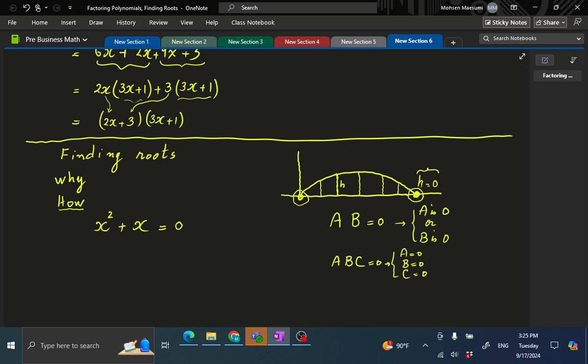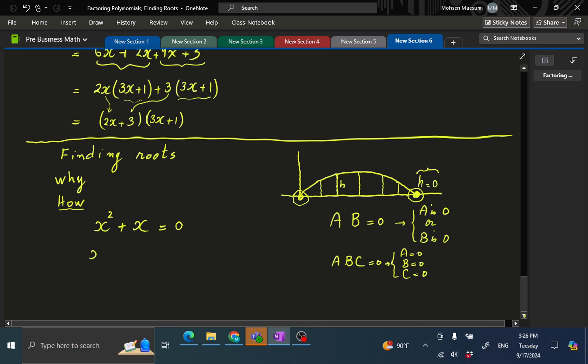So that idea leads to the following. If I have a polynomial equal to 0, I go ahead and factor it. Factoring it means writing it as a product of a few things. And then I'll set each of the factors equal to 0. And that would be easier to handle than the original one.